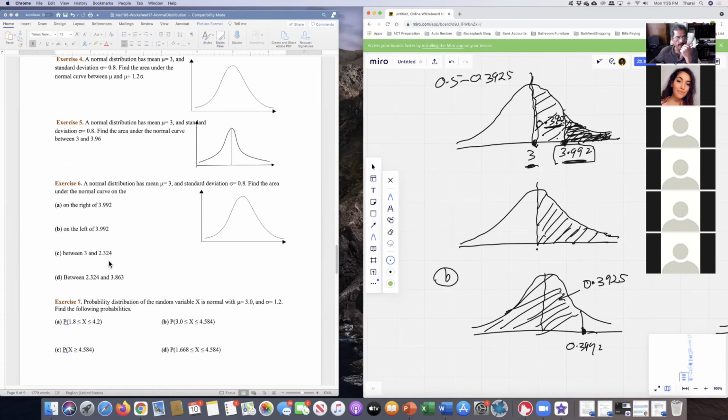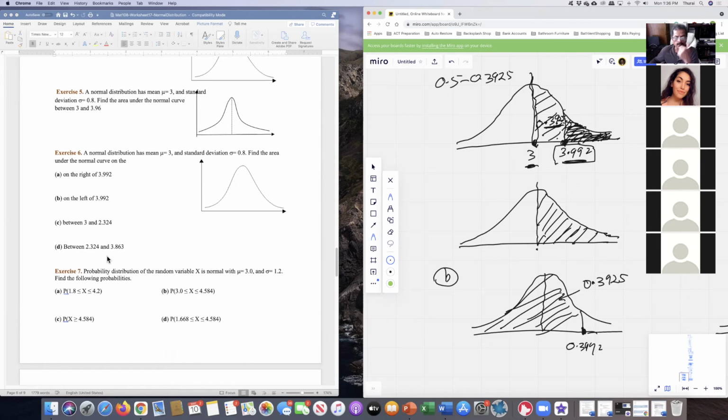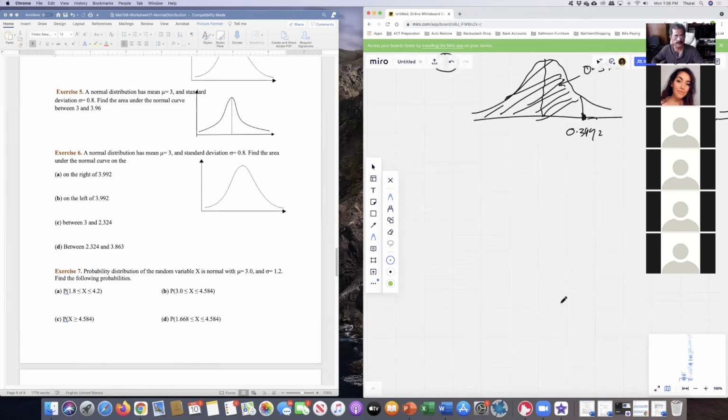Now let's go to the next question quickly. Part C says, what's the area between 3 and 2.324? 2.324 is clearly on the left side of 3, right? It's lower than 3, so it's on the left side.